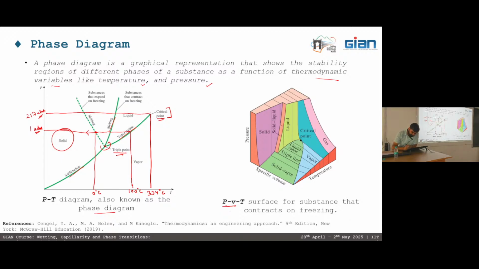If we see the projection of this PVT surface from this direction, we will get the PV plot. Its projection from this side will give us the pressure versus temperature plot. So in brief, the PT diagram is just a trailer of a movie, and PVT contains the whole essence of the thermodynamics which is happening in the system.